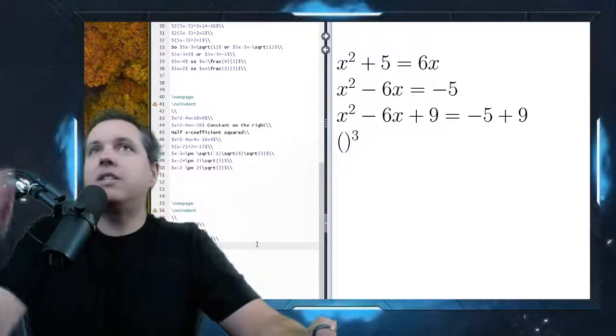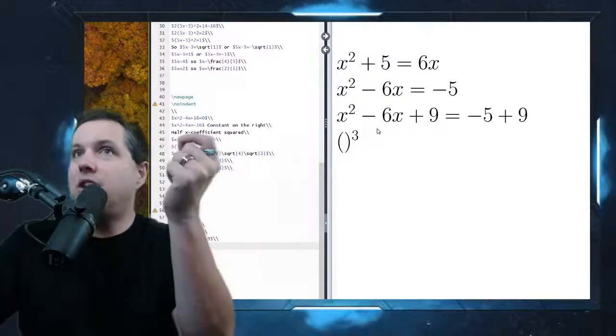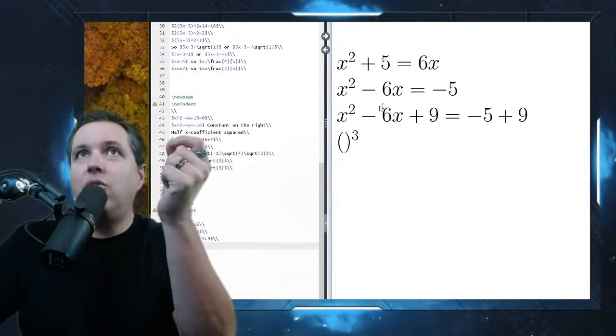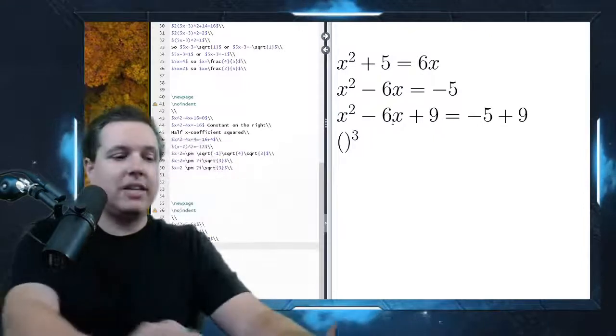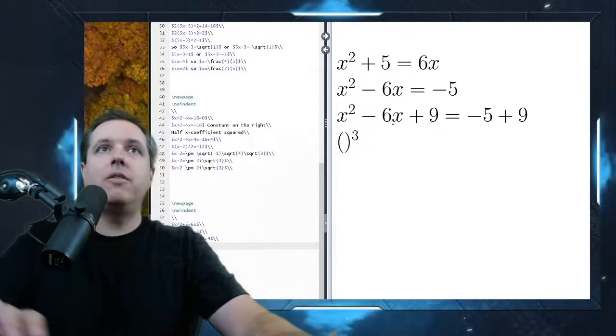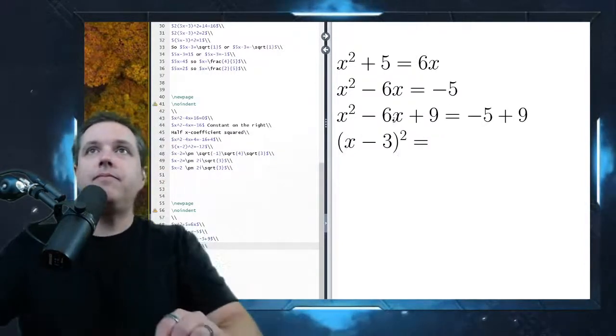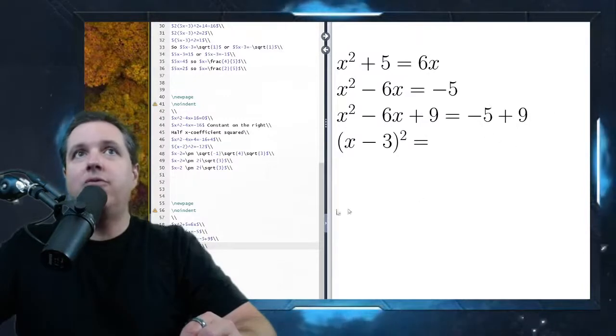And sometimes students get caught up on, oh, how do I factor that? I don't remember. You know how it's going to factor. It's going to be x and then whatever half the coefficient is. So in this case, it'll be x minus 3 squared equals 4, because negative 5 plus 9 is 4.